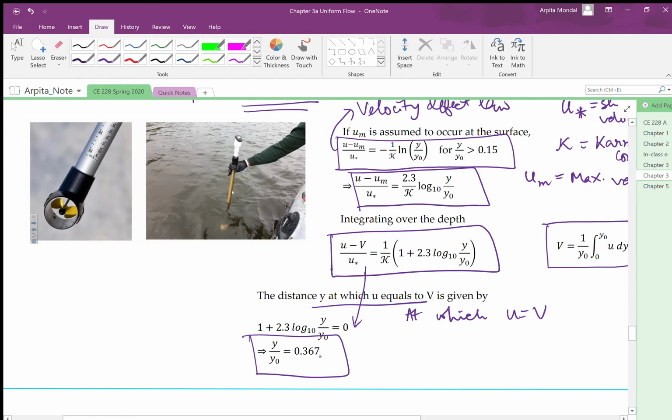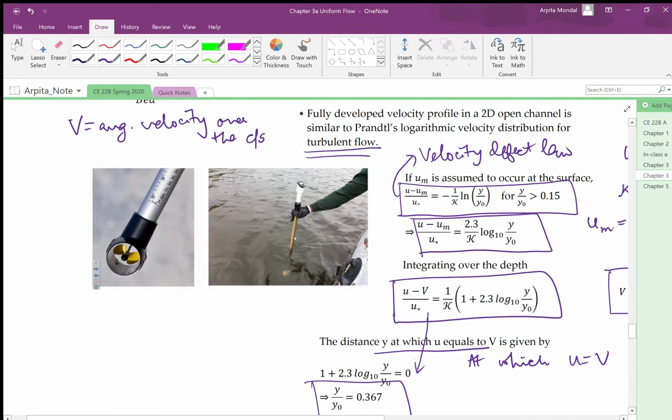So when we are looking at the velocity which is at a depth of 0.367 times the total depth from the bed, then that velocity is exactly equal to the average velocity v.